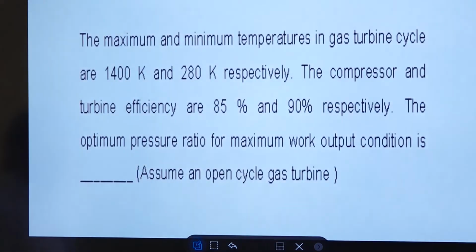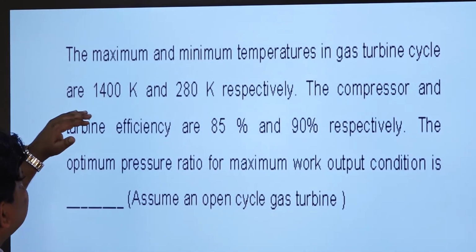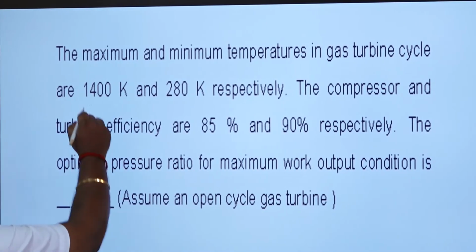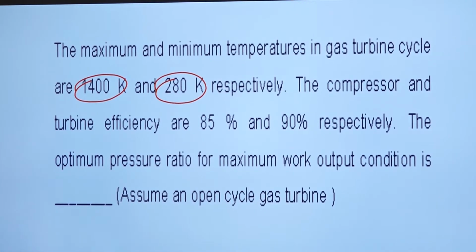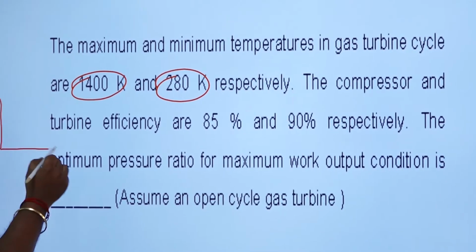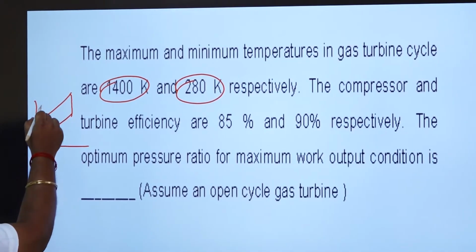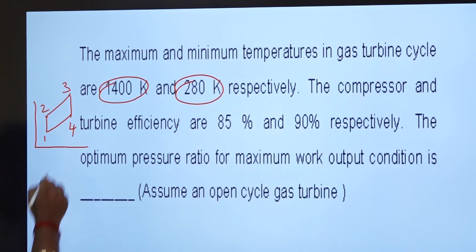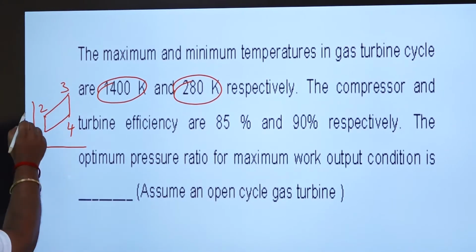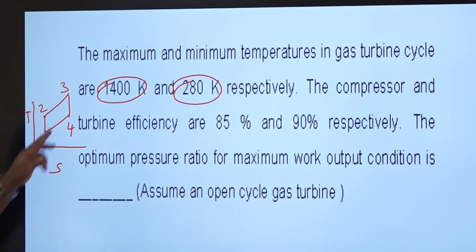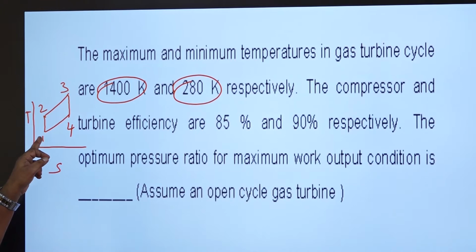Consider a problem where the maximum and minimum temperatures in a gas turbine cycle are 1400 Kelvin and 280 Kelvin. You have to draw the graph. When you draw the T-S diagram with points 1, 2, 3 and 4, the maximum temperature is T3, which is 1400, and T1 is 280 Kelvin.